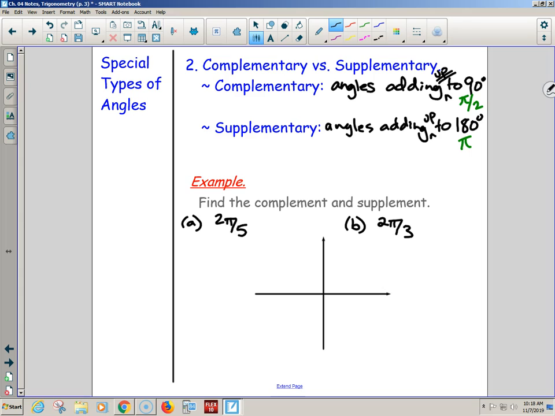I'm still talking about the A, the complement and supplement of A. I haven't done it yet. I was a little bit mean with the over 5. I apologize. 0.5 pi over 5, because half of 5 is 2.5.